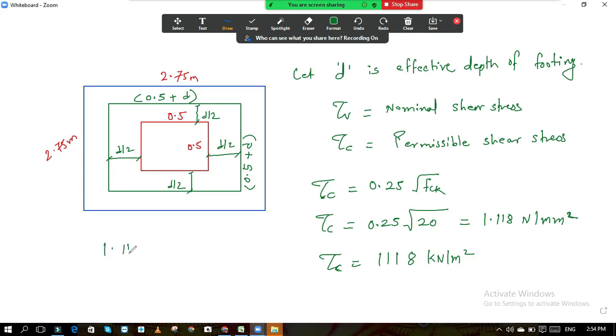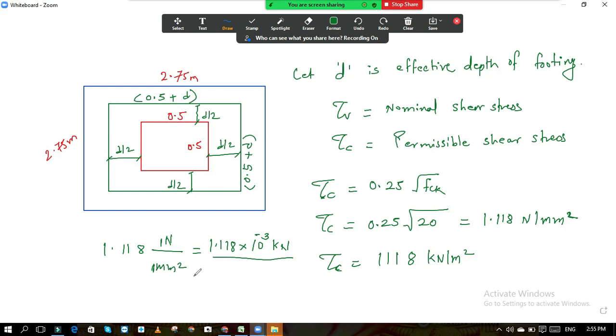I will tell you. 1.118, this is Newton per mm square. Now 1.118 will remain as it is. Now Newton to kilonewton: 1 Newton is equal to 10 raised to minus 3 kilonewton, divided by 1 mm square. 1 mm is equal to 10 raised to minus 3 meter.